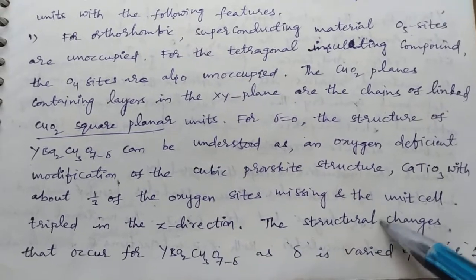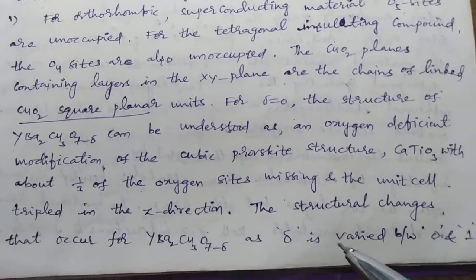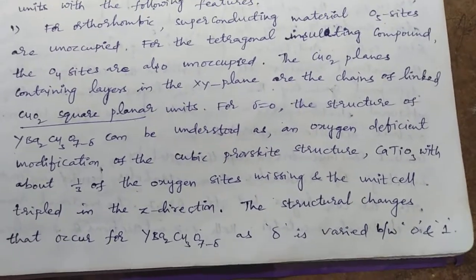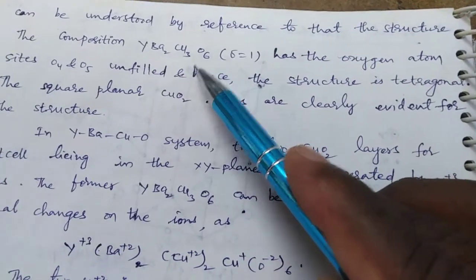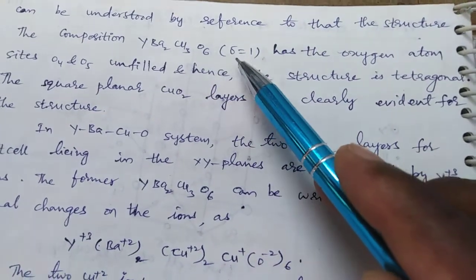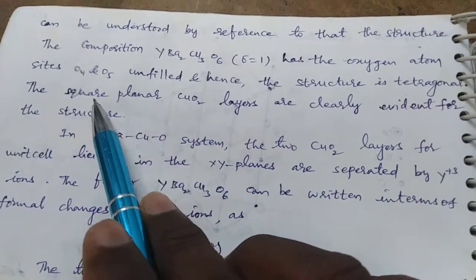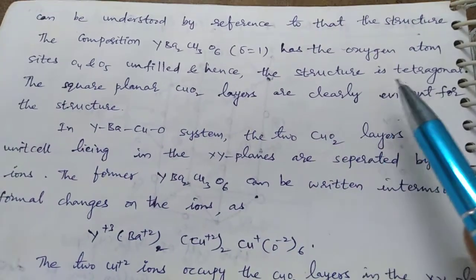The structure changes that occur for the YBCO system as delta is varied between 0 and 1: the composition YBa2Cu3O6, where delta is equal to 1, has the oxygen atom sites O4 and O5 unfilled, and hence the structure is tetragonal.